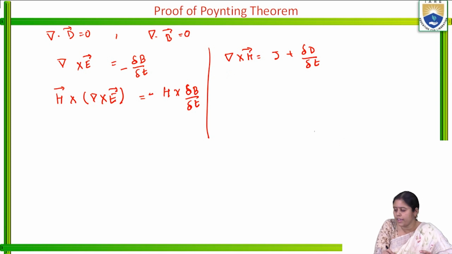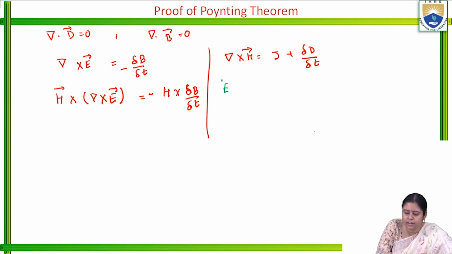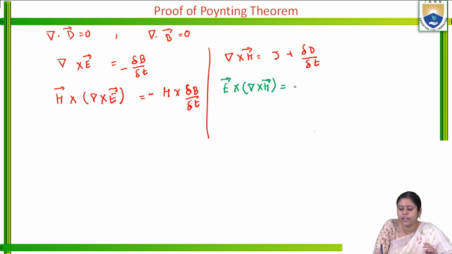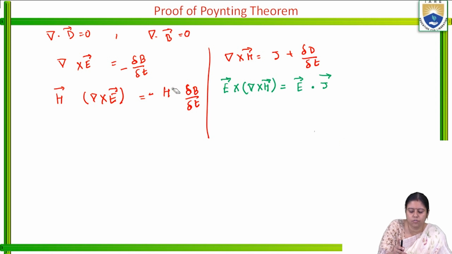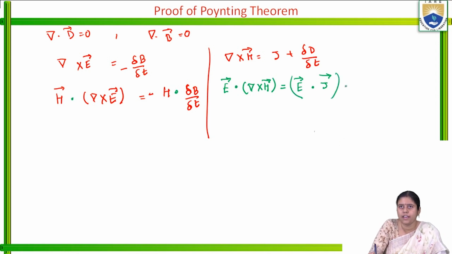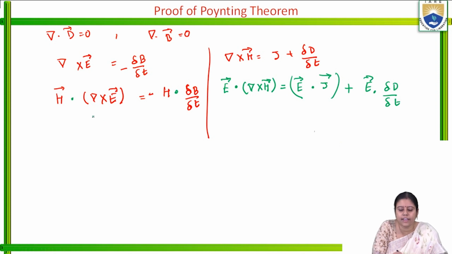We are multiplying it with E. So electric field E dot grad cross H is equal to, we are taking the dot product, then it will be easy, E dot J plus E dot del D by del T.